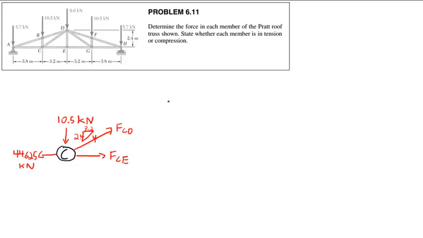Okay. So the sum of forces, I'm going to do a sum of forces in the horizontal direction. Actually, no, sum of forces in the vertical direction. Sum of forces on joint C in the vertical direction, because again, that will give me only one unknown.